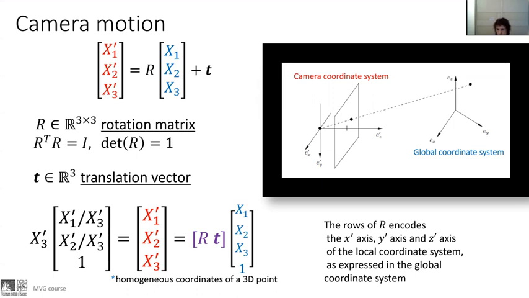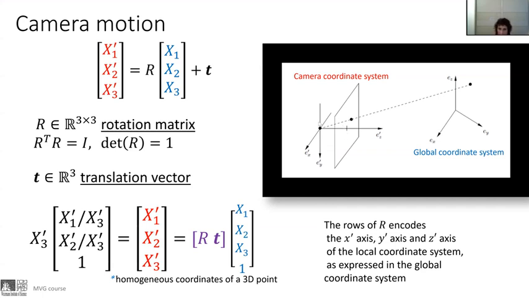That if you have a rotation matrix, the rows of the rotation matrix determine the axes of the local system in terms of the global coordinate system. Everybody familiar with it? Is it clear? I don't understand it. You don't understand it? No. Okay.